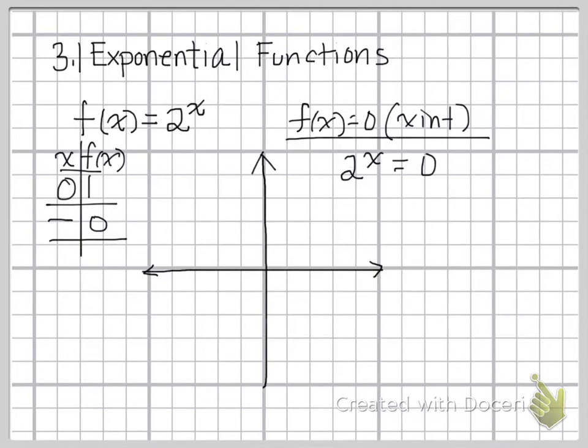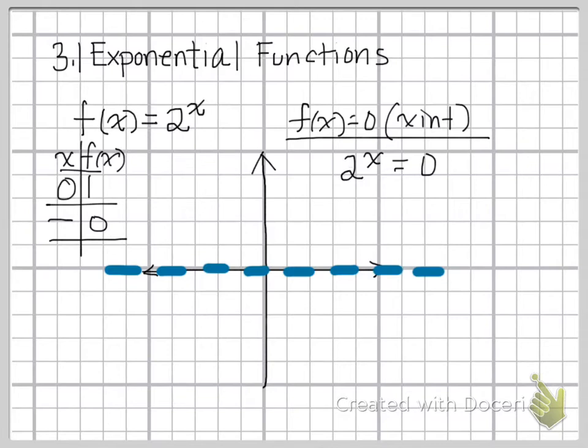For the exponential function, it is also an asymptote. We're going to be looking for the horizontal asymptote. And the assumption is that the horizontal asymptote of an exponential function is at y equals 0, unless there is some sort of shift. So let's just draw that in here, a horizontal asymptote at y equals 0.